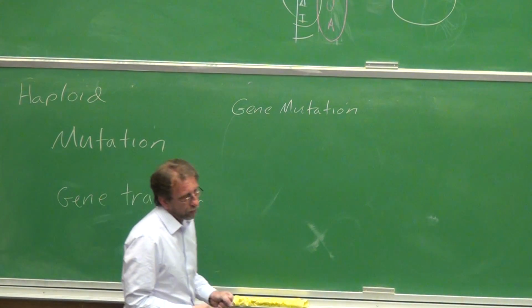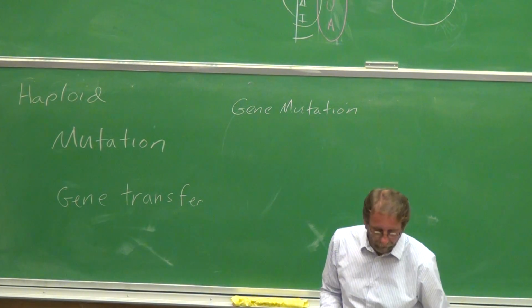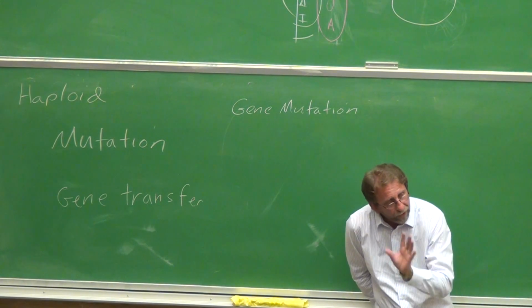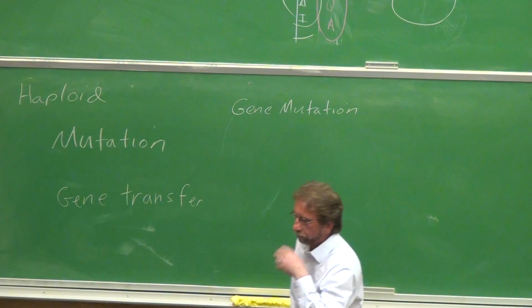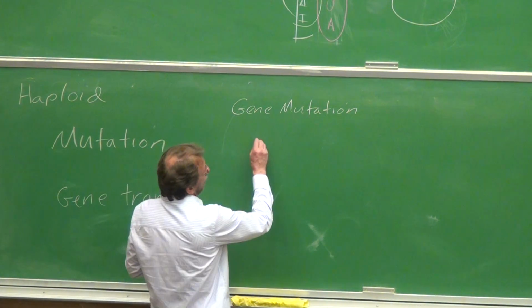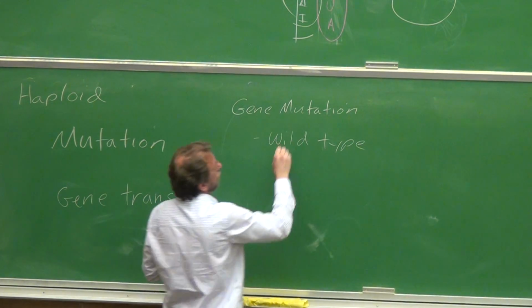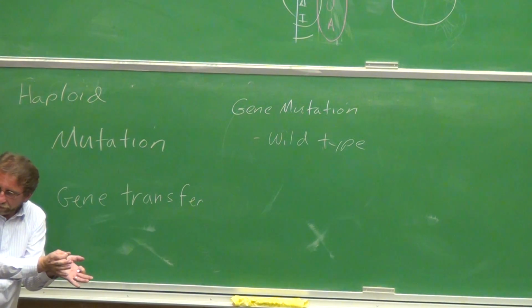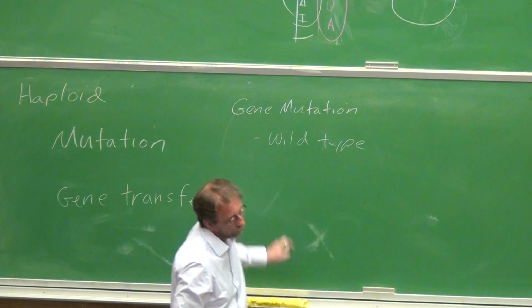In talking about gene mutations, if a mutation happens and the properties of the gene are not changed, so the enzyme doesn't change, that is referred to as a wild type mutation, meaning that there's no difference between the mutated microbe and the one that you would see in the wild.